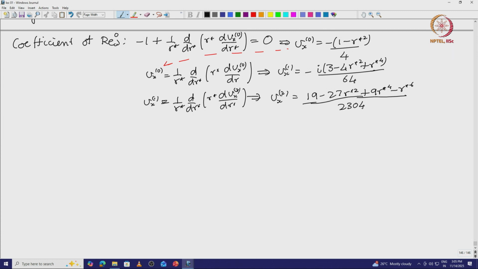So, you can do the solution term by term here. Let us examine what this first term is.